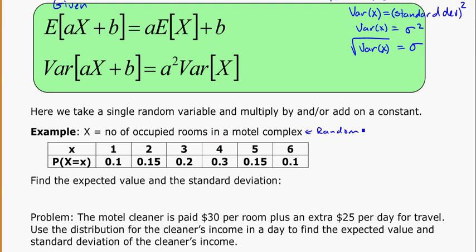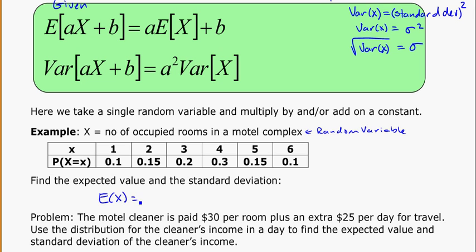How many rooms on a particular night, I guess. And we see here there are 1, 2, 3, 4, 5, or 6 rooms that are occupied. And this is our probabilities. So in this case, the first thing we have to do is figure out our expected value and the standard deviation.